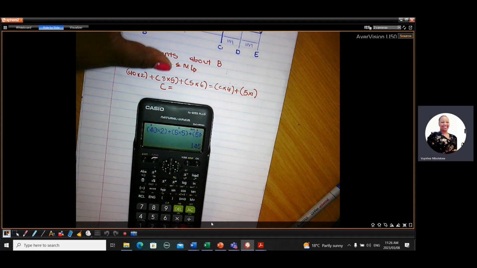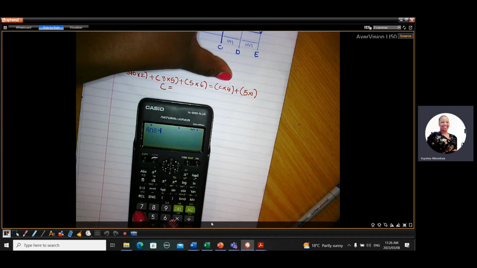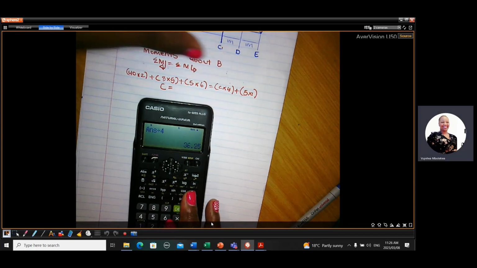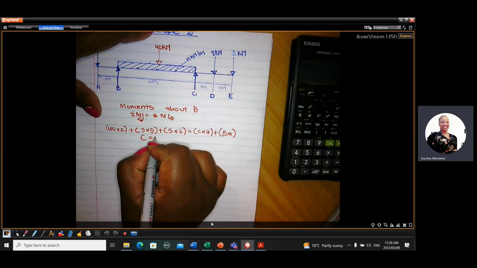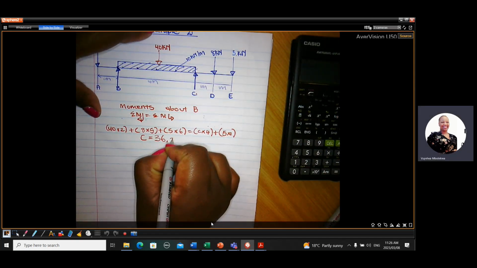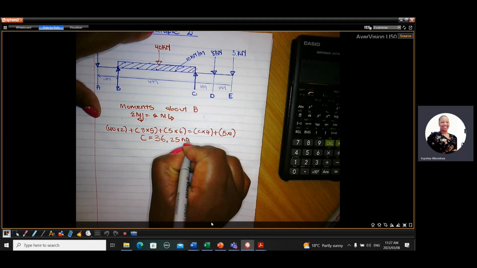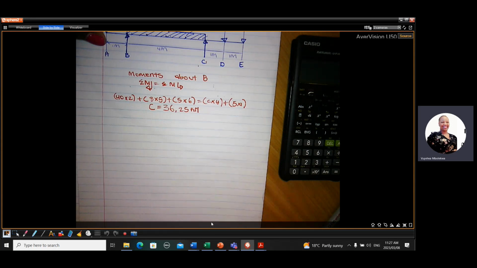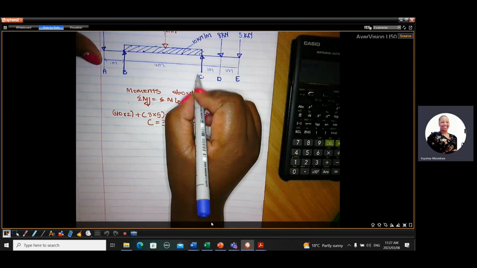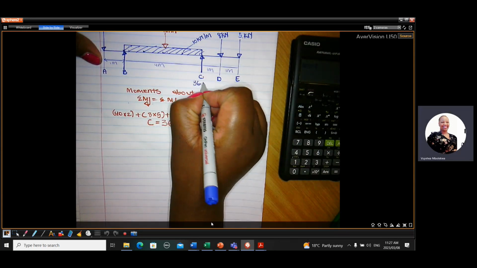It gives us that, divide by 4. So it gives us 36.25. So that's the reaction at C, 36.25 kilonewtons. Okay? 36.25. Let me put it there, 36.25.